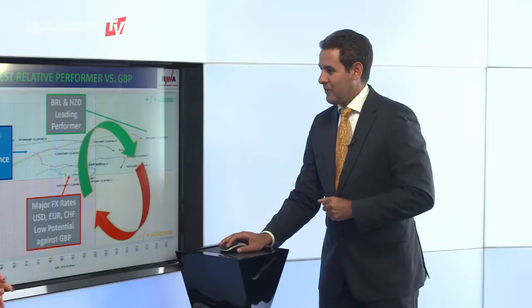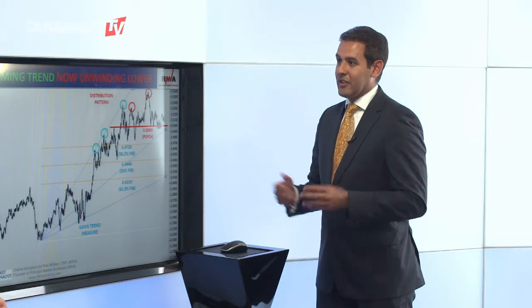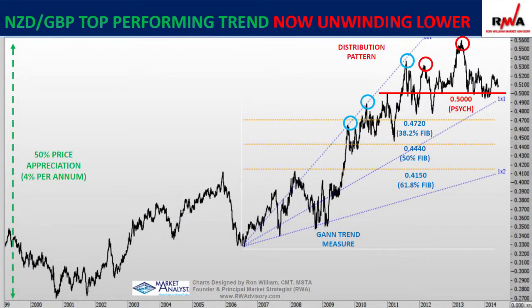Yes, exactly. Moving on to the next chart, we see New Zealand versus the British pound, kiwi-pound, has clearly been a top performer for some time now, since Y2K, since the beginning of the last decade. It's gained an amazing 40%, which is roughly 4% per annum. Clearly it's been a top performer by most measures in investors' portfolios.